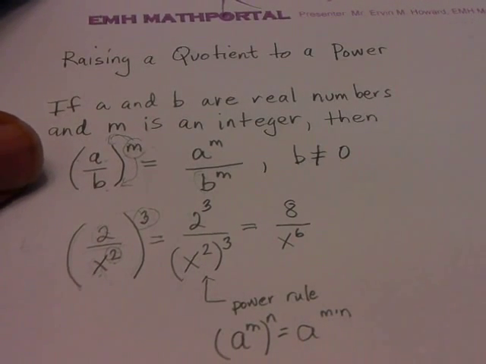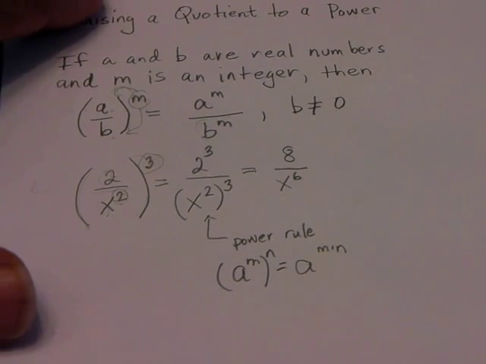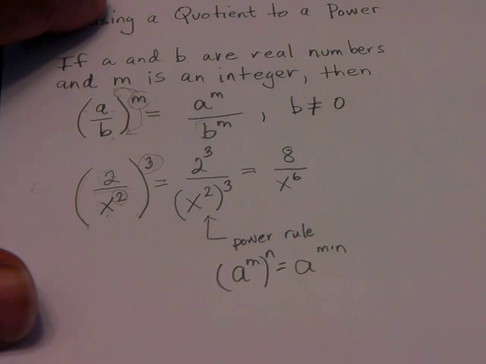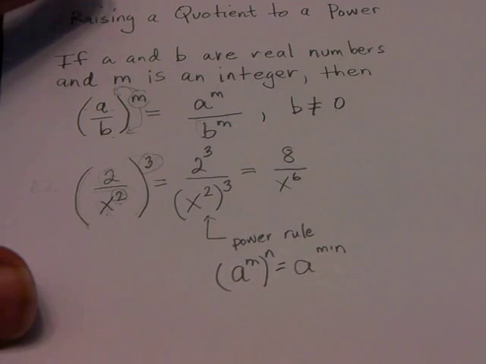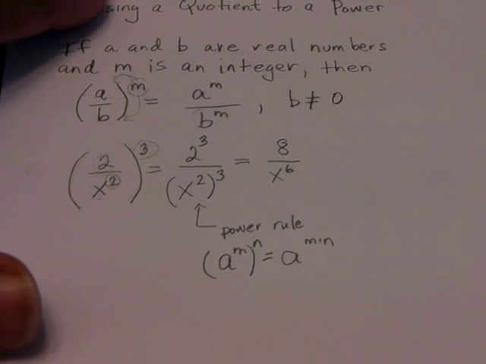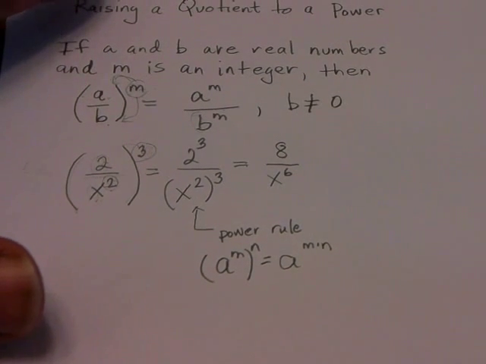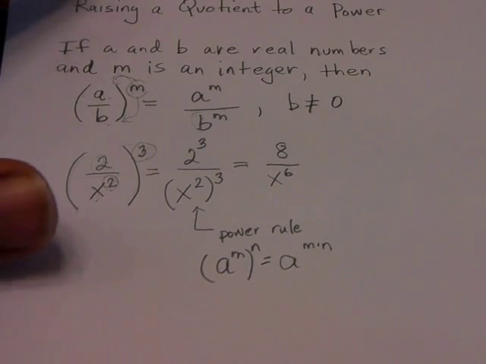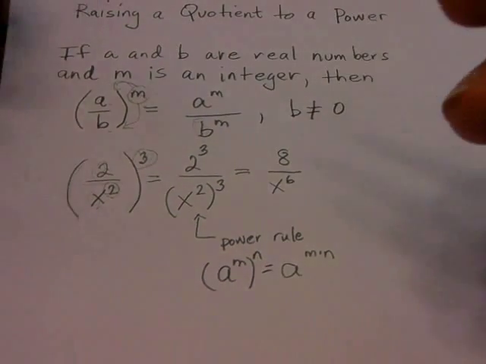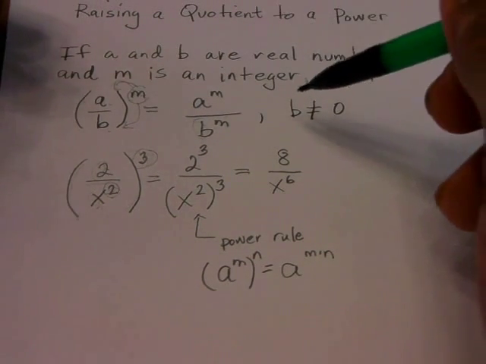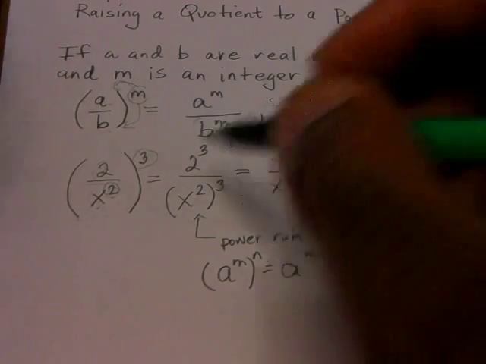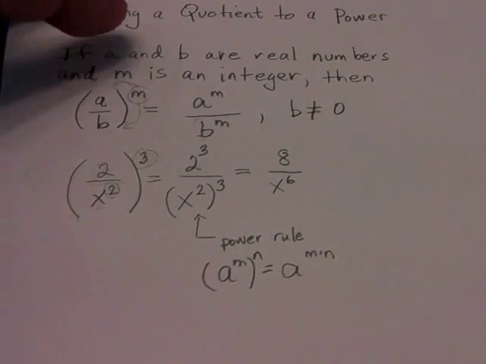Okay, let's do another problem. We'll do one with a negative exponent, and I'm going to show you the first way to do it before we look at another type of quotient rule raised to a power using a negative exponent. I want to show you this example first.